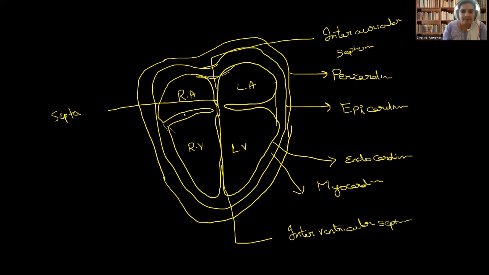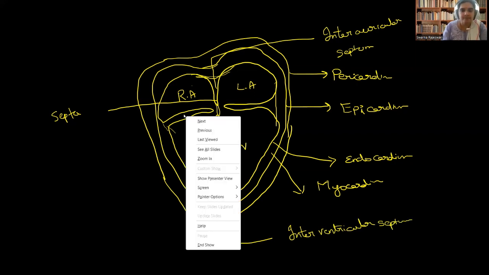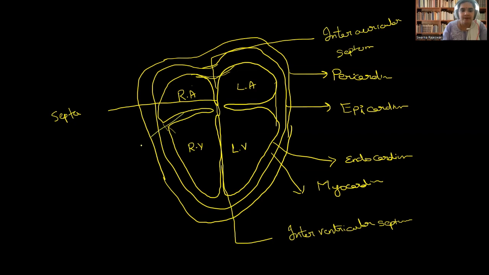And this septum, which divides auricle and ventricle, is the auriculoventricular septum. Means it is present in between auricle and ventricle. Okay. So it is dividing the heart like this.